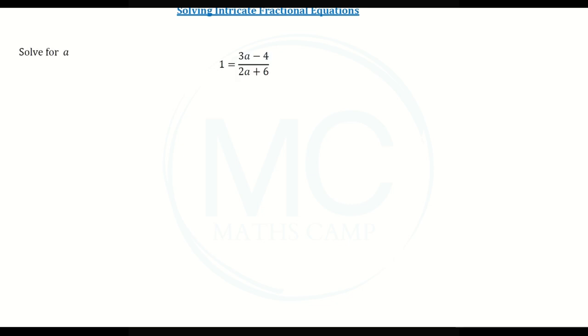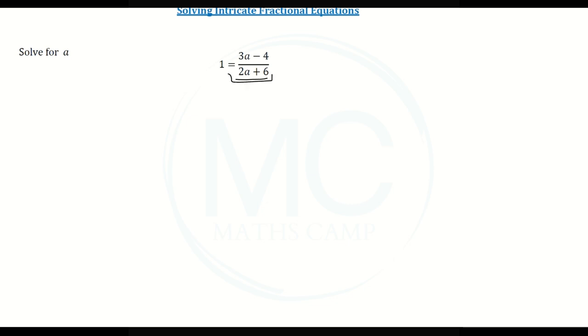Solve for a. Here we have the equation 1 is equal to (3a minus 4) over (2a plus 6). 2a plus 6 is the denominator of the fraction. When we have more than one term within the denominator, we need to multiply each term by everything in the denominator.